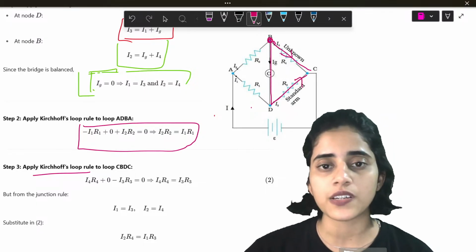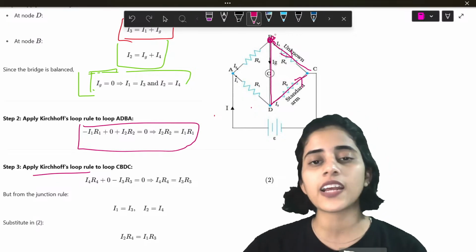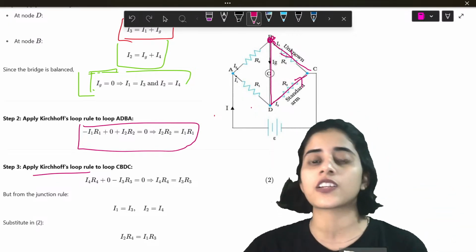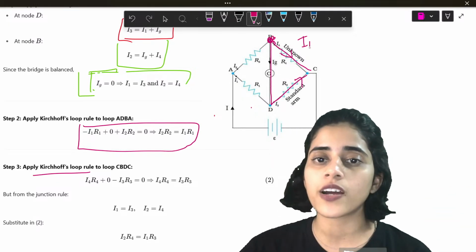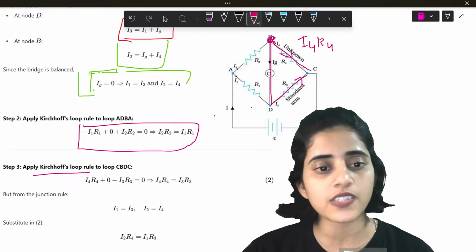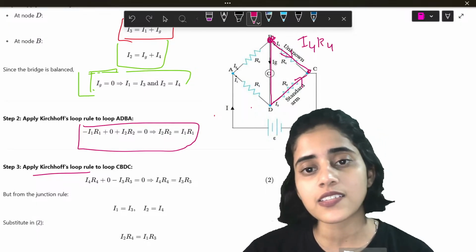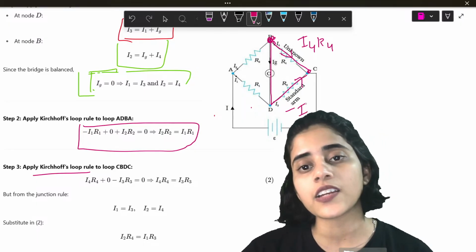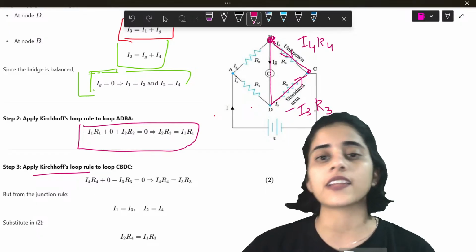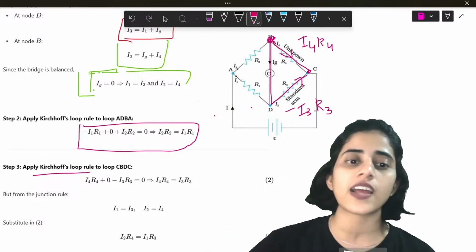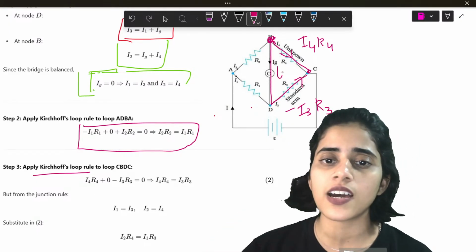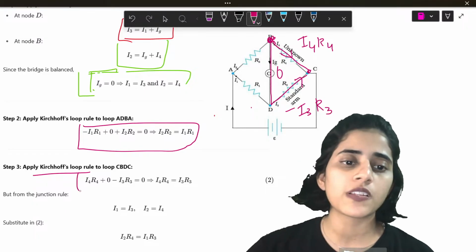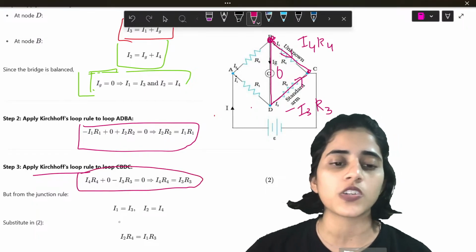So let's start from here. Now here I will show you when I'm moving in the direction. I4R4, if I take it as positive, then I3R3 is in the opposite direction, so I should take it as negative. If one is positive, the other has to be negative. And then this arm is 0. You add all that, you will get this equation.